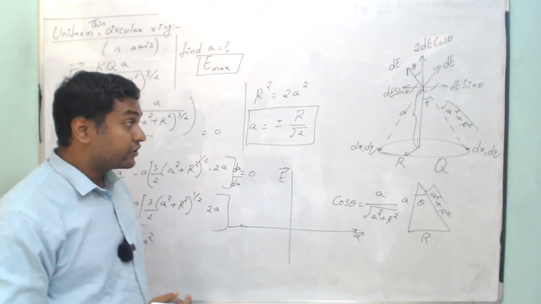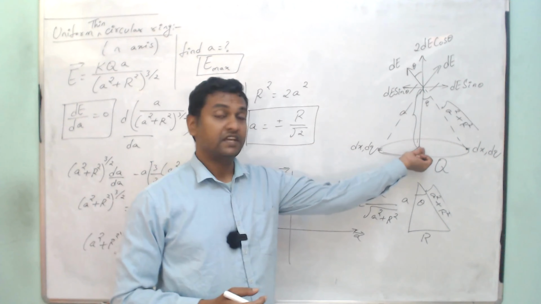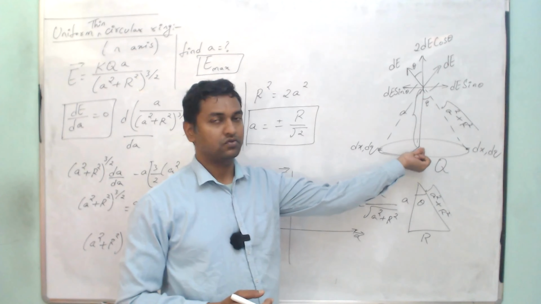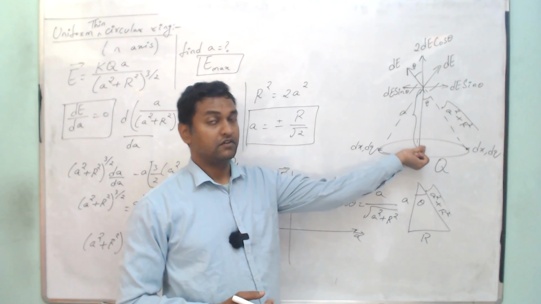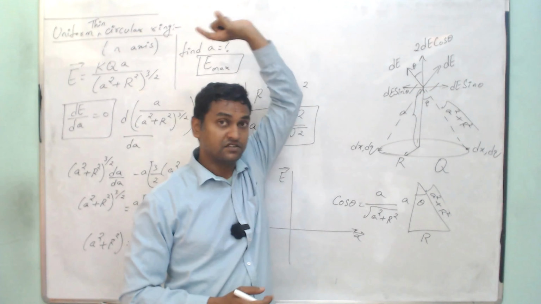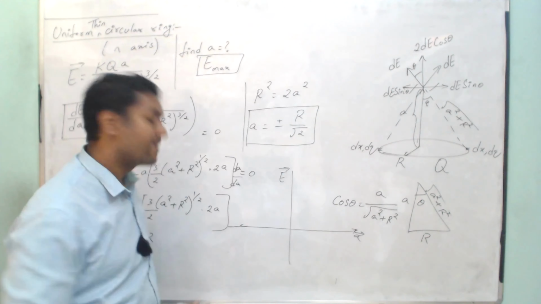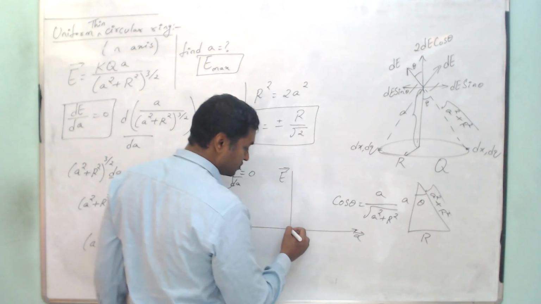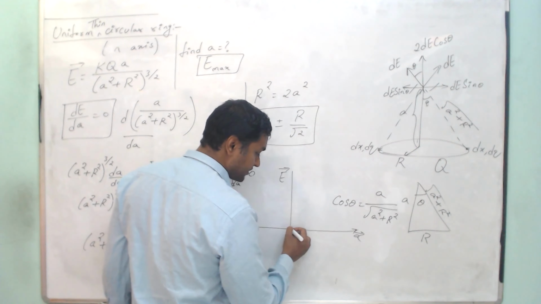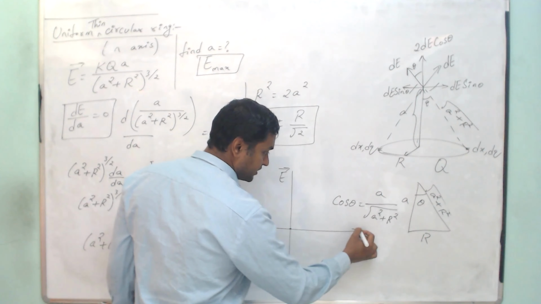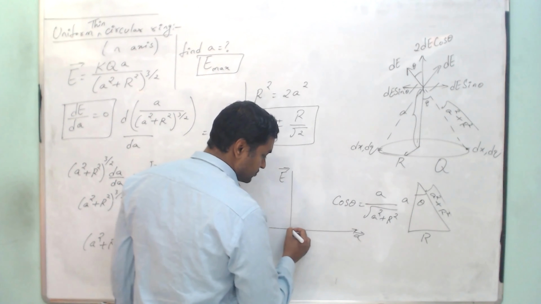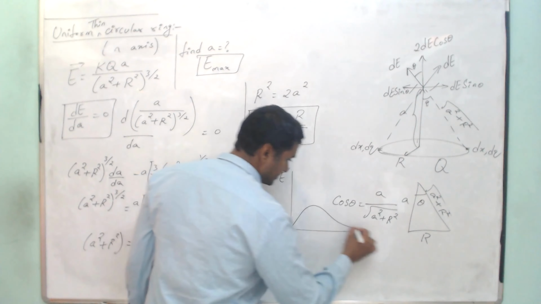What did we say at the center? When A is 0, electric field is 0. When A is infinity, electric field is 0. So my graph basically looks like this.